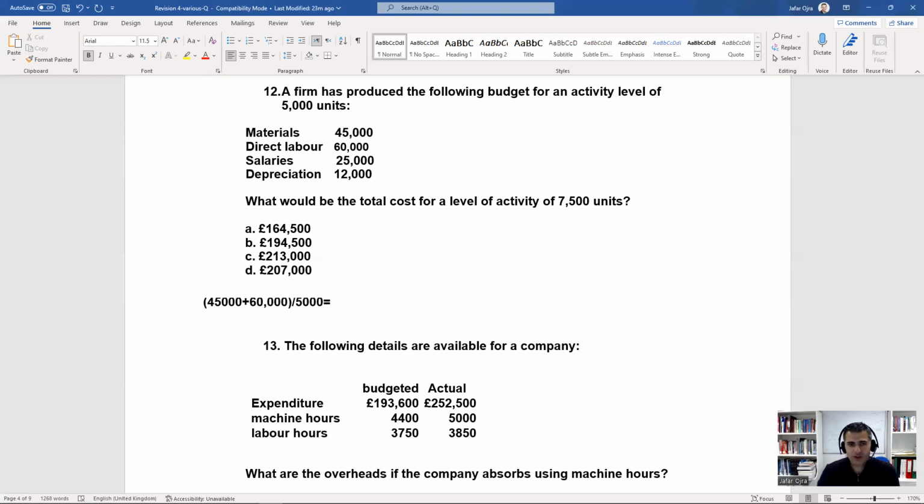That's £21. So the variable cost per unit is £21. You multiply it by the new units, which is 7,500 units.